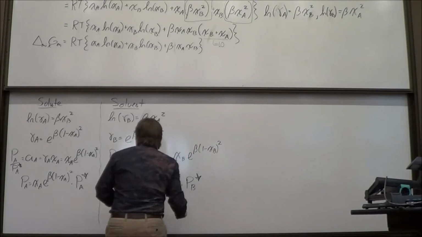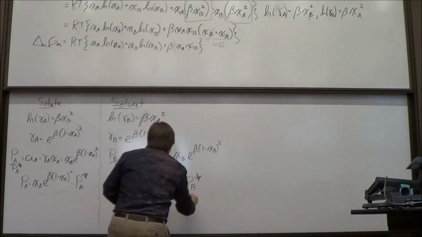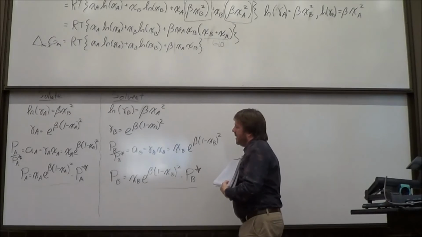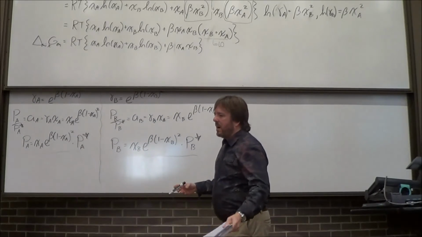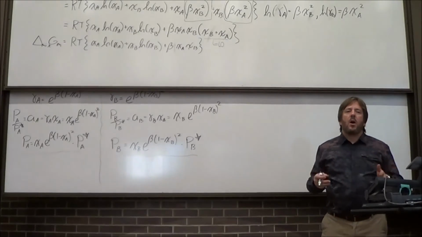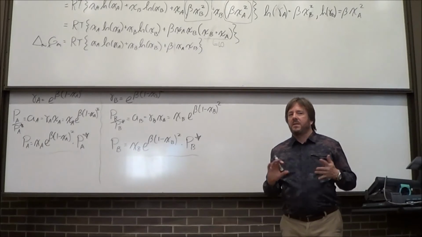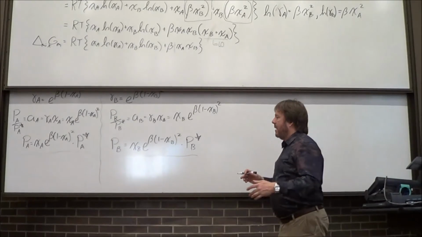And this is the stopping point, so you might want to just underline this right here. And remember, if I'm mixing water and ethanol, I'm allowed to know what the pure partial pressures are because you can just Google it.